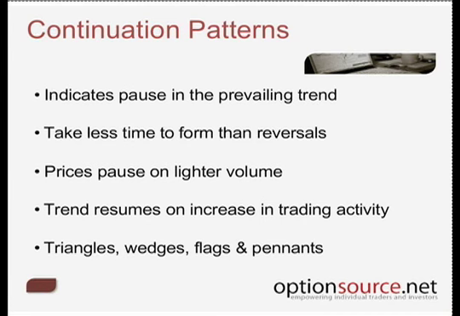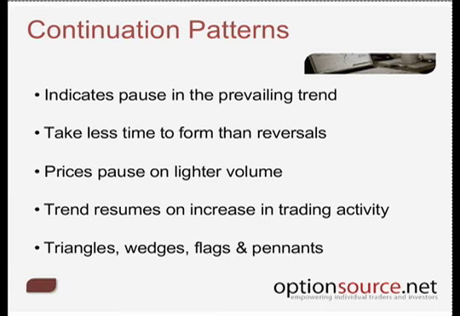Continuation patterns are the other major type of pattern that we're looking at when we're analyzing these price charts. Of course, a continuation pattern, not surprisingly, indicates a pause in the prevailing trend. These types of patterns tend to take less time to form than reversals because essentially the major trend in force has already been established.